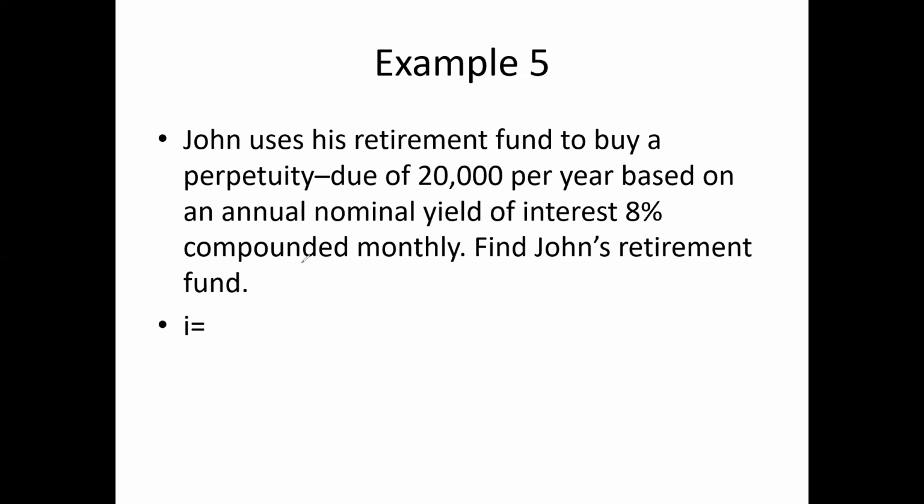So we need to figure out the annual effective rate from the nominal rate 8%. So 1 plus i equals (1 plus 0.08 over 12) raised to the power of 12. Our i equals (1 plus 0.08 over 12) to the 12 minus 1.